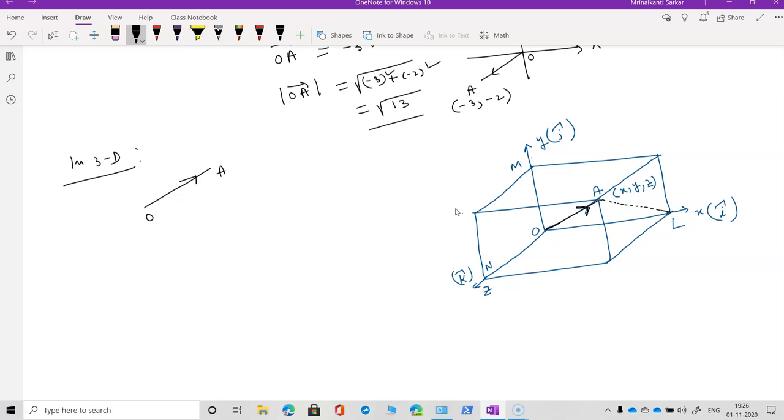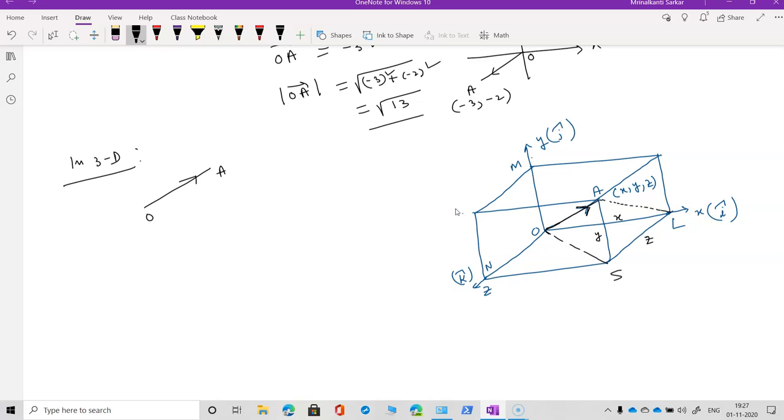And obviously AS is the perpendicular drawn on the xz plane. We will be joining O to S also. Okay. The significance of XYZ is that this part will be X, this AS is going to be Y, and this is equal to Z. This idea you got in class 11 only.